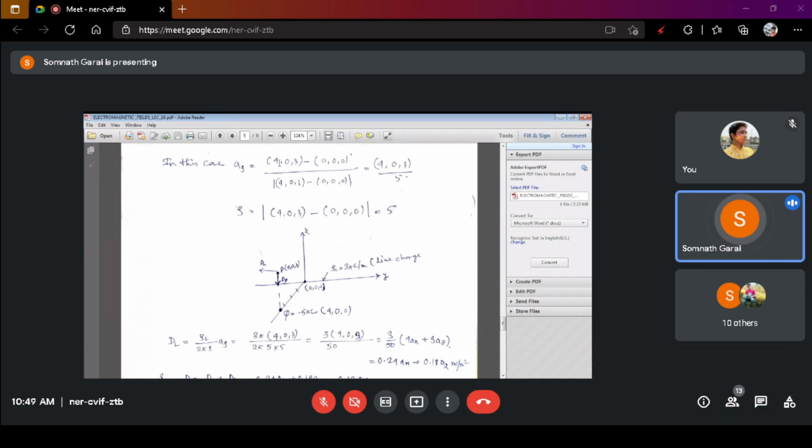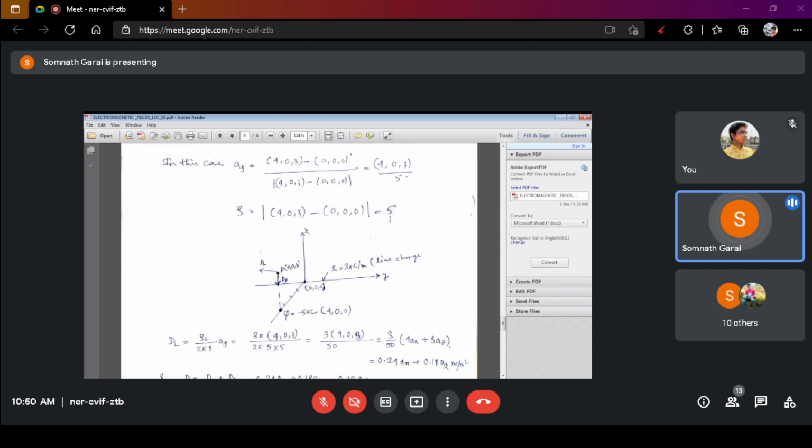So r dot is equal to 4, 0, 3 minus 0, 0, 0 because we calculate the rho from origin. Now put the value and determine the mod of rho: 4, 0, 3 minus 0, 0, 0, whose mod is equal to 5.